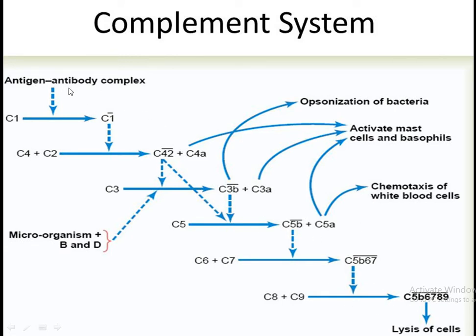I am showing a very simple figure of the complement system. When you go to higher classes, you will recognize that this is not so simple. It has many other steps and it is a very complex system.